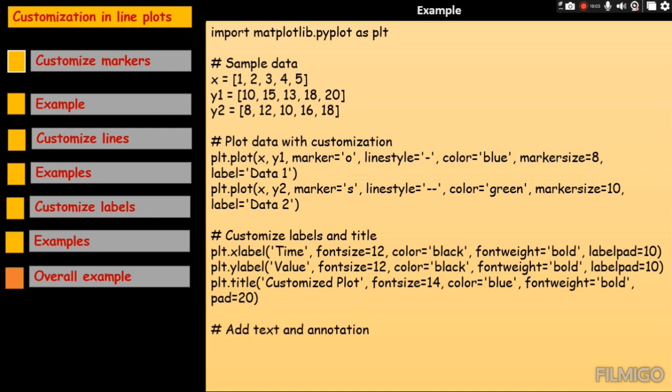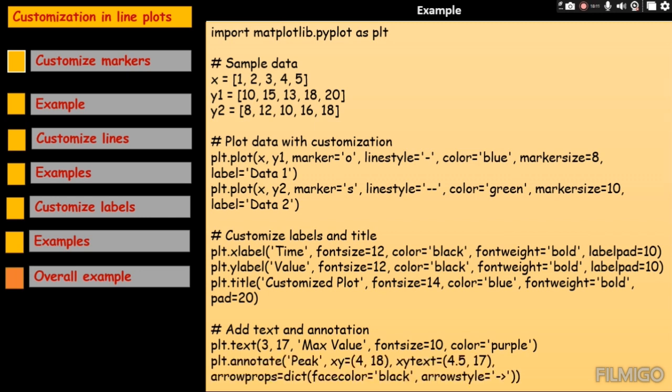Add text and annotation: plt.text(3, 17, 'max value', fontsize=10, color='purple'). plt.annotate('peak', xy=(4, 18), xytext=(4.5, 17), arrowprops=dict(facecolor='black', arrowstyle='->')).